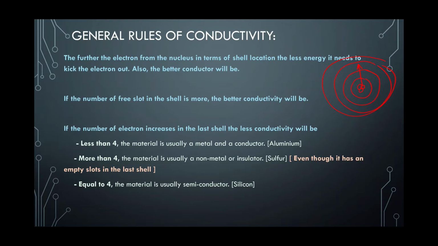So for elements whose last shell is further out than in other atoms, for example if I have electrons in the second shell and electrons in the fourth shell, the energy needed for the fourth-shell electron is way less than the energy needed to kick the electron out from the second shell.